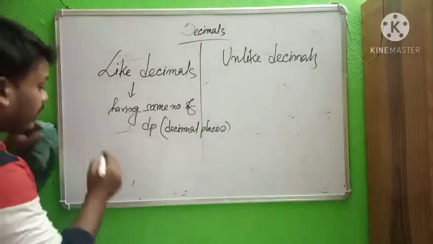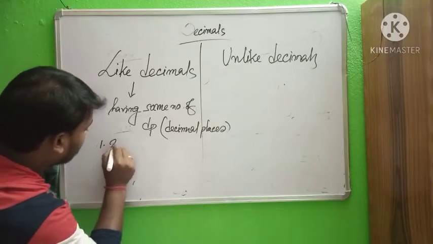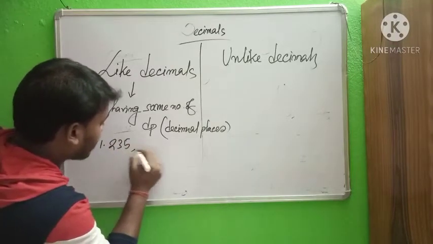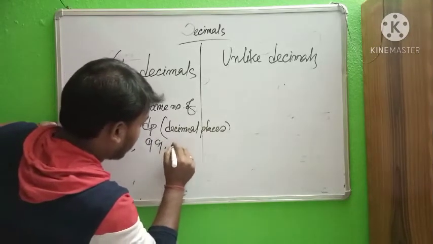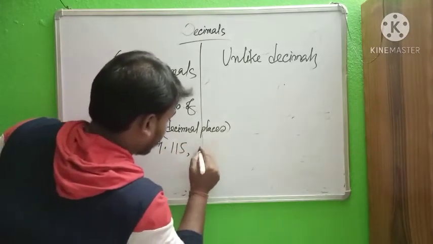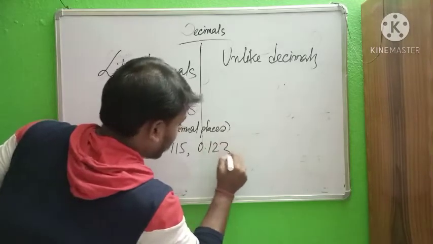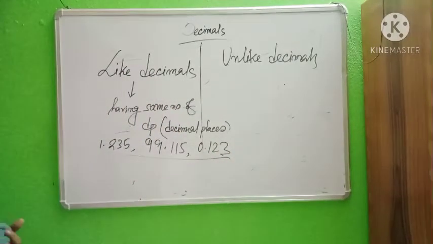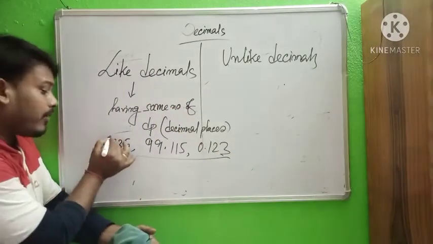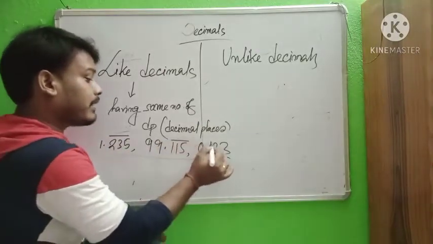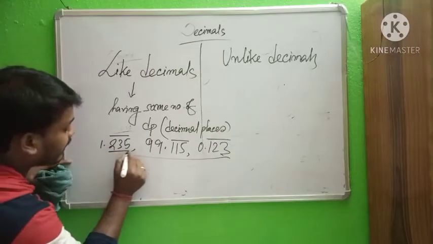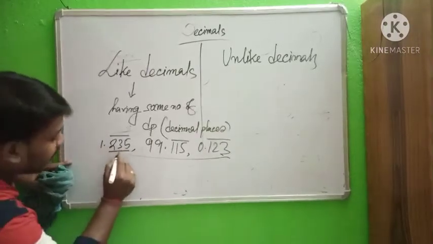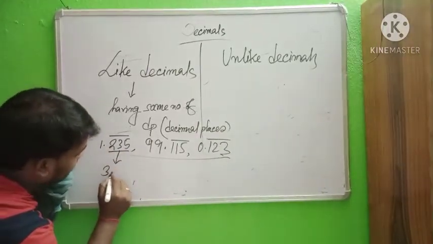For example, 1.235, 99.115, 0.123. These are like decimals. We compare only the decimal part, or the same number of decimal places. Here how many decimal places? 3 digits are there, so it is 3 decimal places.